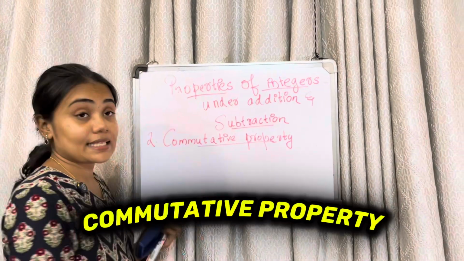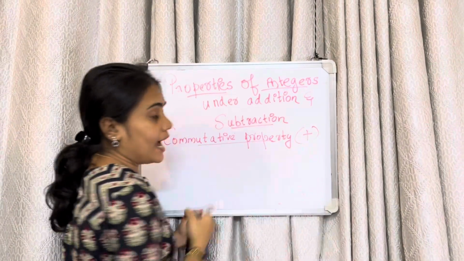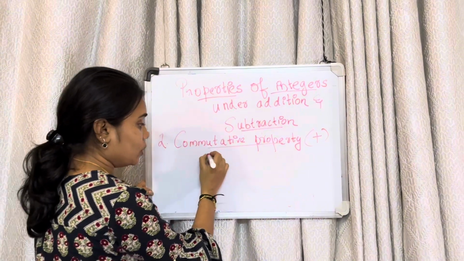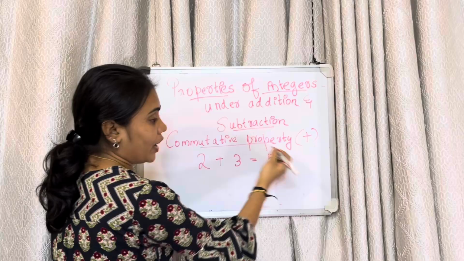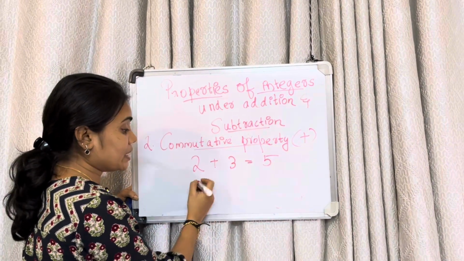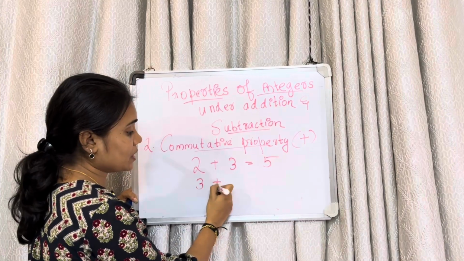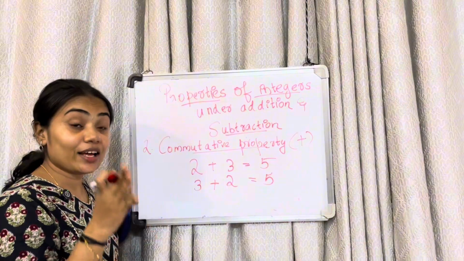The second property is commutative property. We are doing commutative property under addition. Again I am taking two integers. First I am taking 2 plus 3. I will get 5. So I am taking two integers and getting an answer that is also an integer. I am just interchanging them. I am writing 3 first and 2 second. Then also I am getting the same answer, which is an integer.